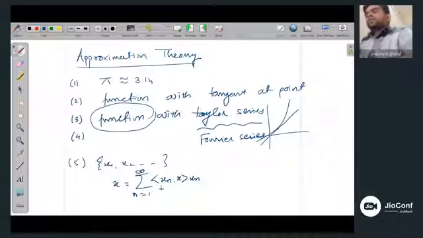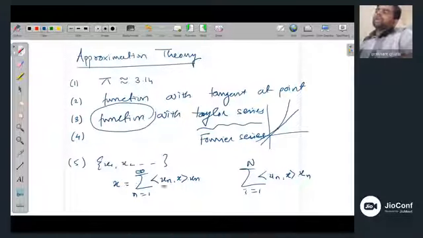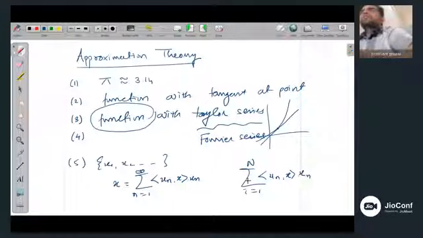Now to approximate this, obviously we require a finite quantity, so we are approximating x with a finite number of terms. So this is when you go to a further level of study in Hilbert space; we are also using approximation there.